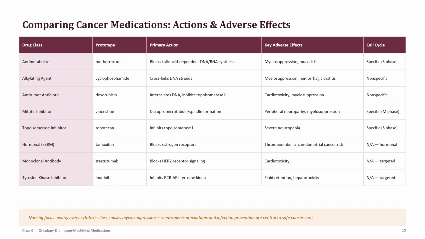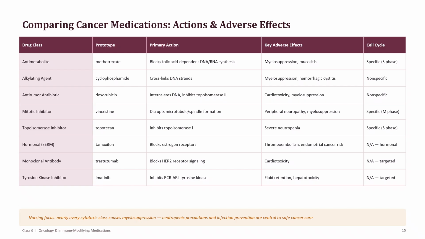And then the last 3 rows, the hormonal therapy, the monoclonal antibodies, and the tyrosine kinase inhibitors, those each have their own unique signature toxicity. So clotting risks, heart damage, fluid retention.